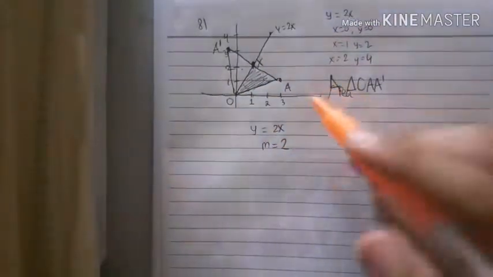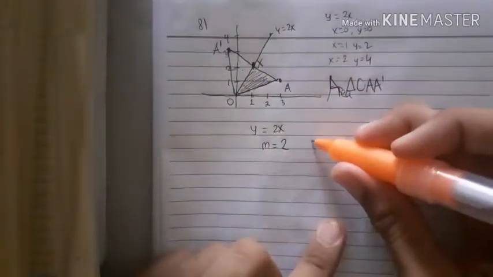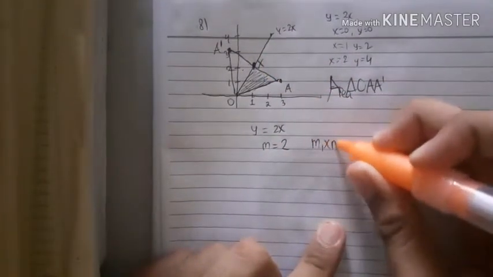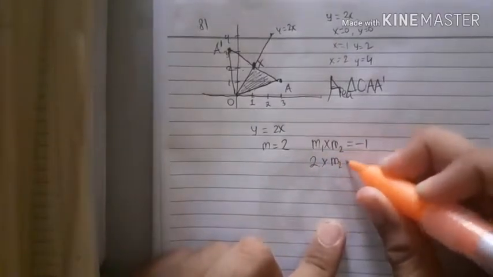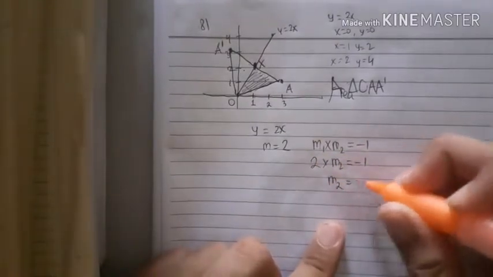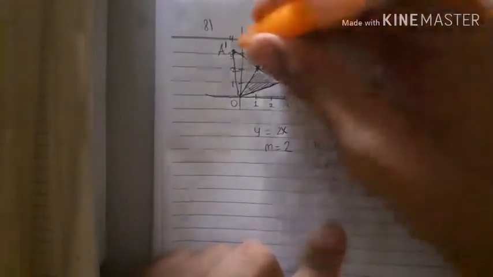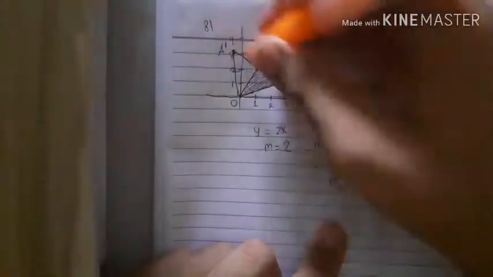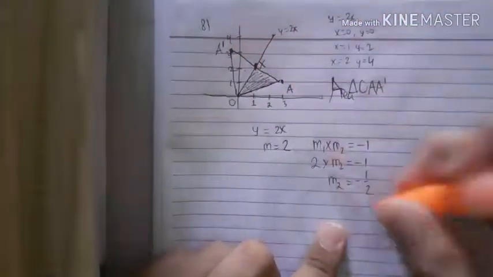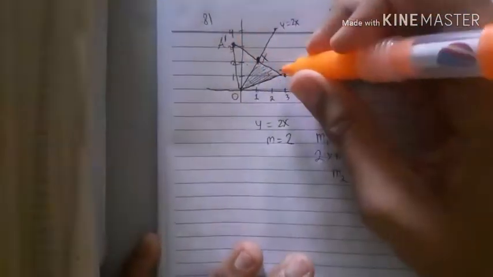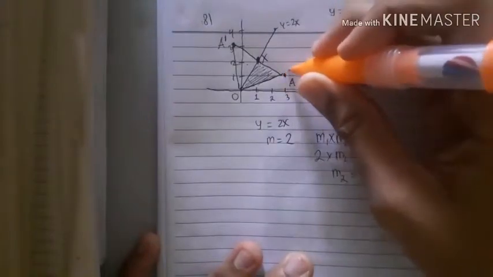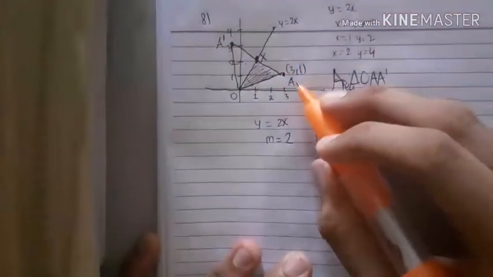Therefore, for the perpendicular line, m1 times m2 equals minus 1. So 2 times m2 equals minus 1, so m2 is minus half. So the gradient of the perpendicular line, A' to A, is minus half. And remember that the perpendicular line passes through (3,1), the coordinate of A.